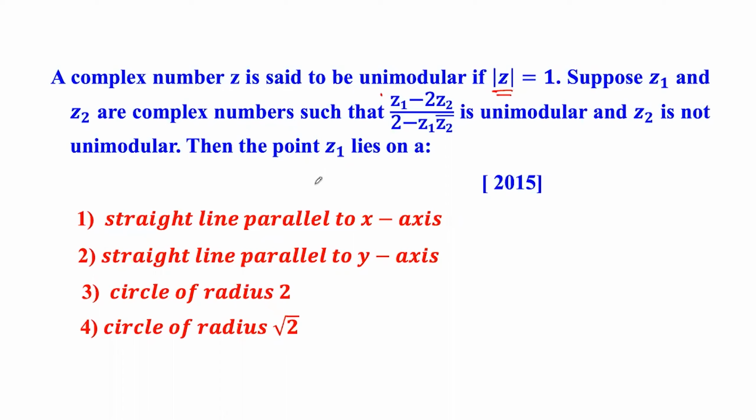And z2 is not unimodulus, okay? Means mod of z2 is not equal to 1, then z1 lies on straight line, parabola, circle, and okay, let's see how to go for this, right? So the key point is modulus of this is 1, right? So we'll start from there only, right?